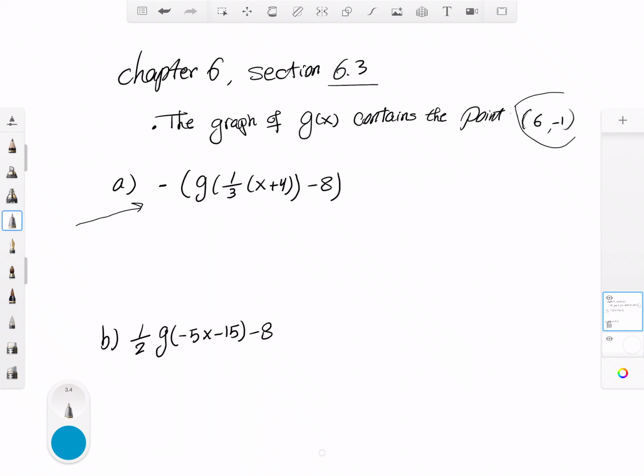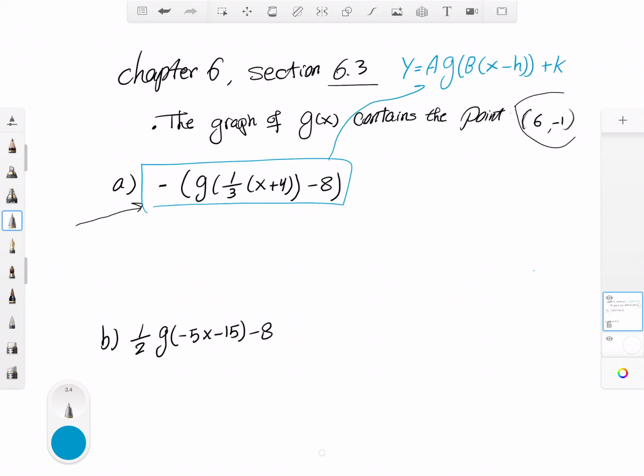By looking at this question, you need to write the standard form for all types of transformation, which is y equals a g, then b x minus h, plus k.